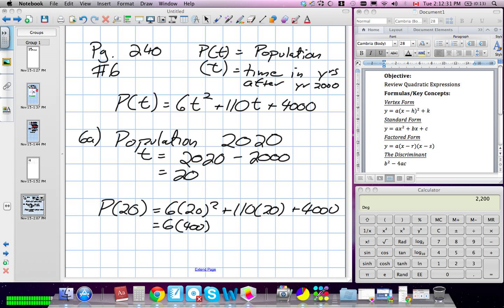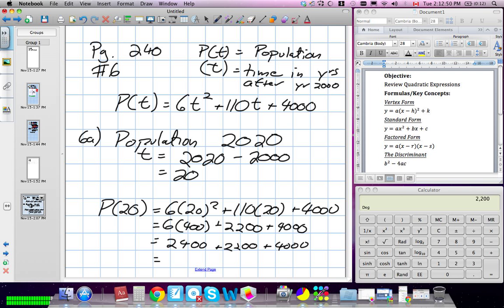The population in the year 2020 should read 8,600 people in the town. That's a small town, relatively easy question.